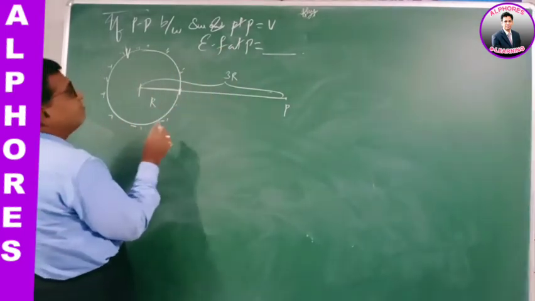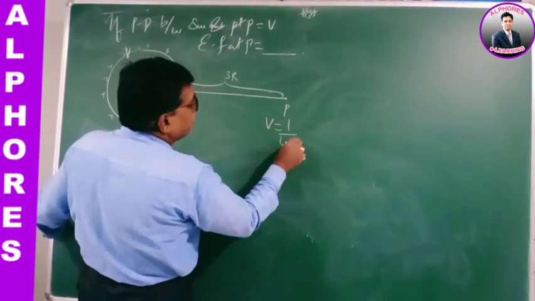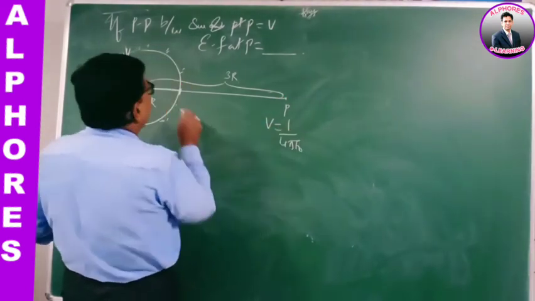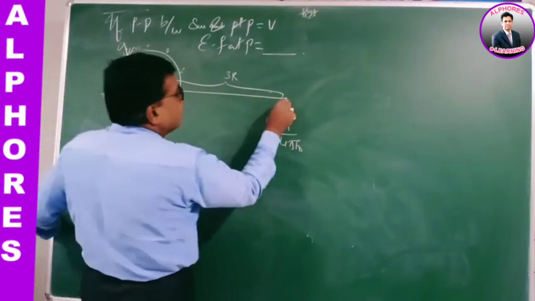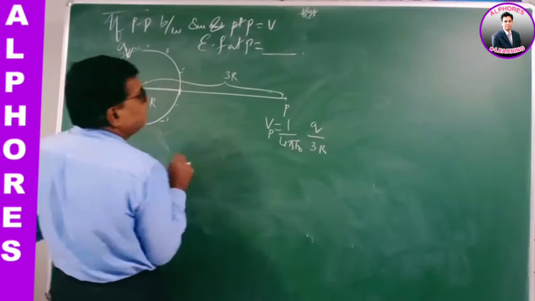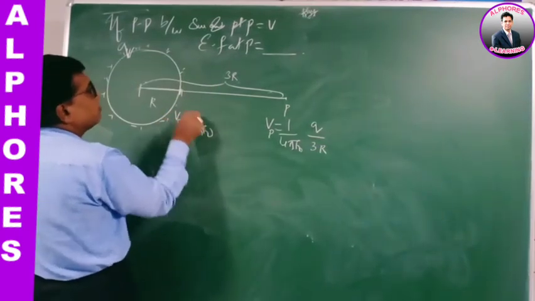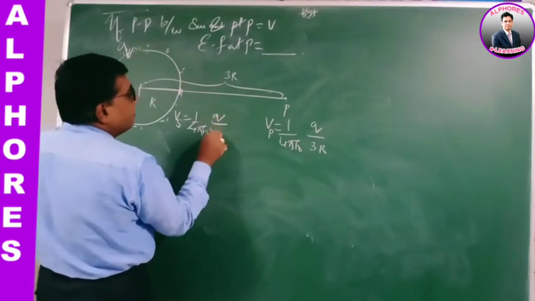Again we know the formula for the potential at any point is 1 by 4 pi epsilon naught q by r. Let the charge be q. So at the point P the potential is q by 3r, and the potential on the surface Vs is 1 by 4 pi epsilon naught q by r.